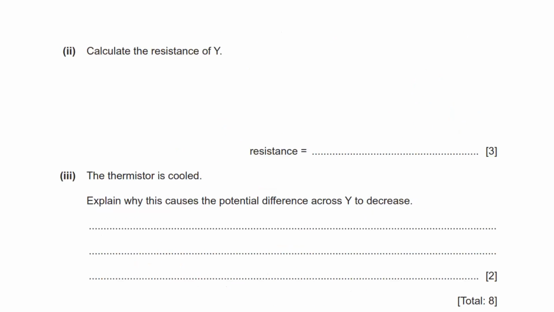Moving ahead, it says calculate the resistance of Y. Remember, you are given the value of current in the circuit. So this is my circuit: this is thermistor X, this is resistor Y, and this is 6 volts.